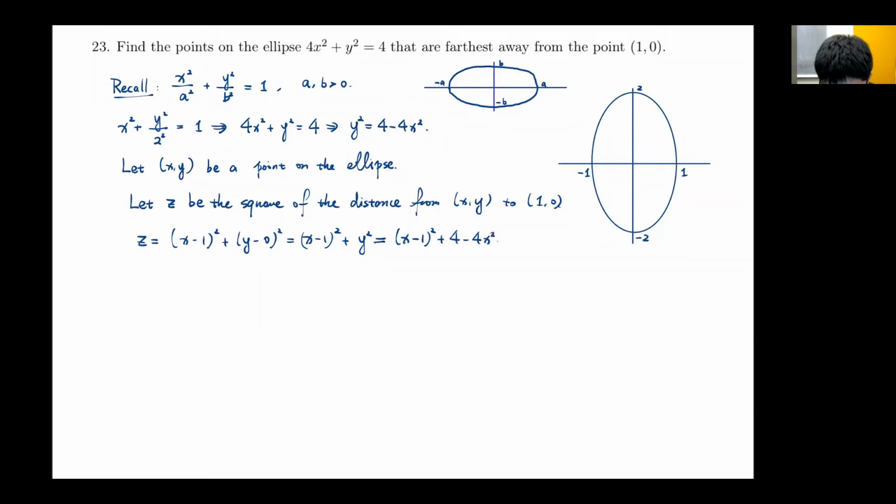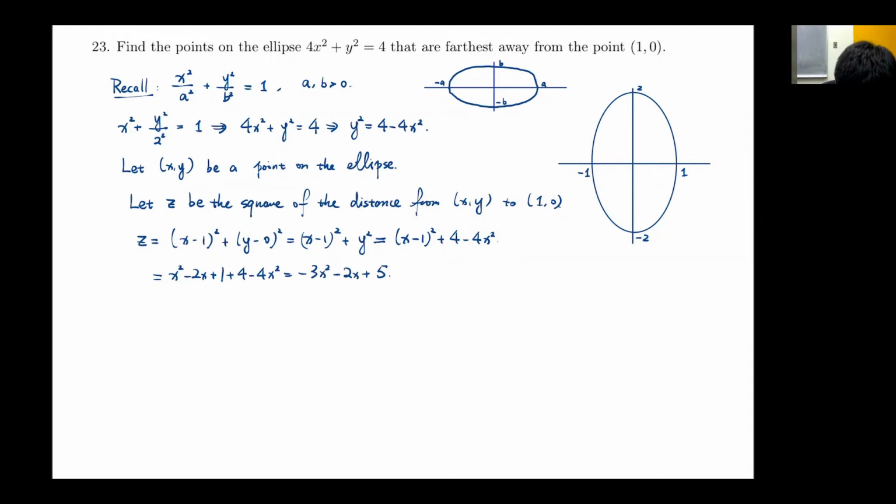So this is a function depending on only one variable, x, and we can further simplify it. Multiply (x minus 1) squared out to get x squared minus 2x plus 1, and together with the 4 minus 4x squared, you get minus 3x squared minus 2x plus 5. That will be the square of the distance in terms of x.